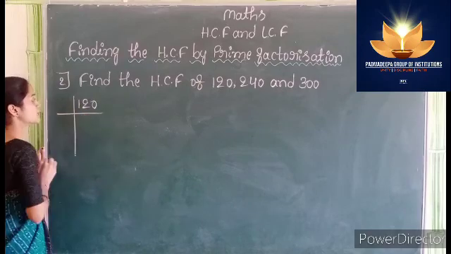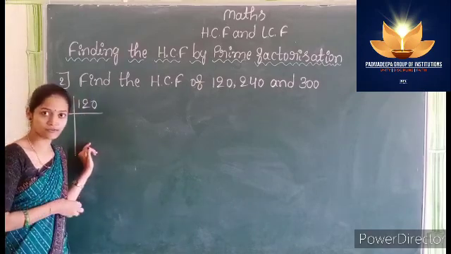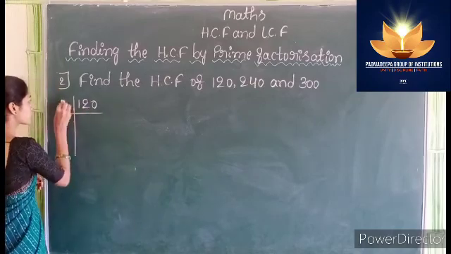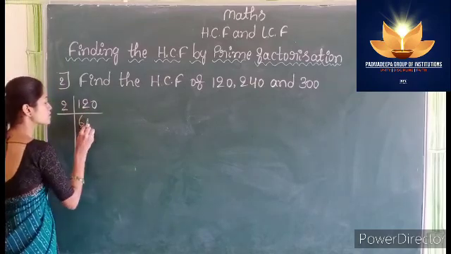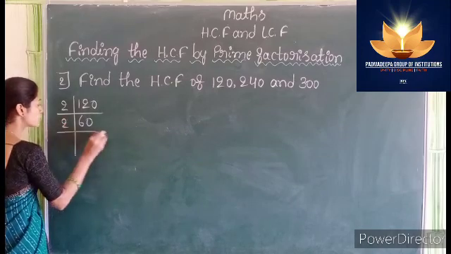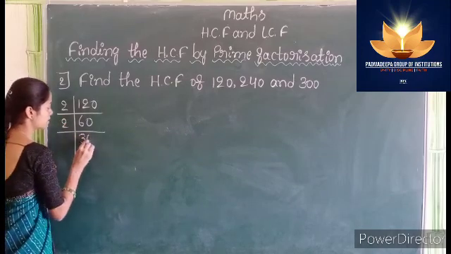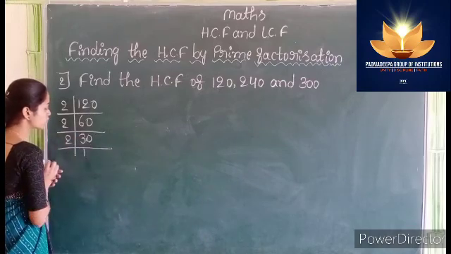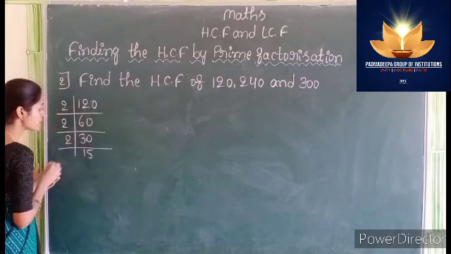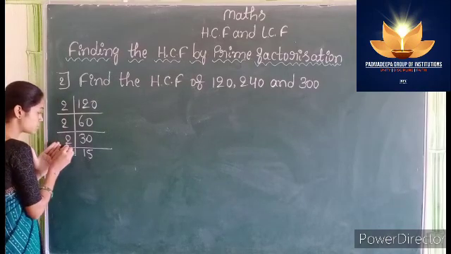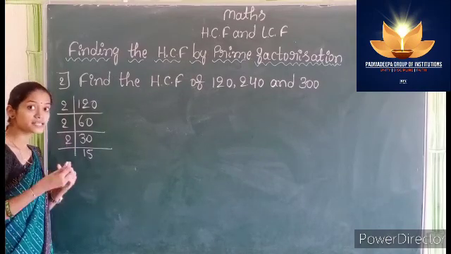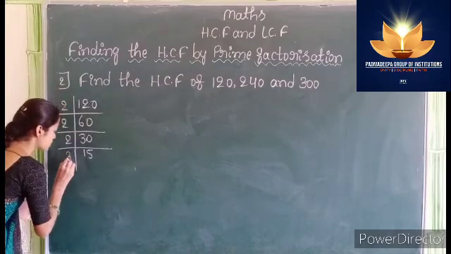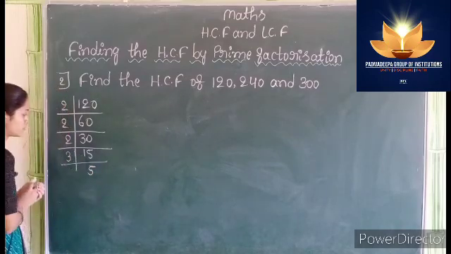We have to take the smallest possible prime factor to divide this 120, that is 2. 2 6s are 12, 0, then 2 3s are 6, again 0, then 2 1s are 2, 1 left, 2 5s are 10. This 15 is not divided by 2, so we have to check with the next possible prime factor, that is 3. 3 5s are 15.